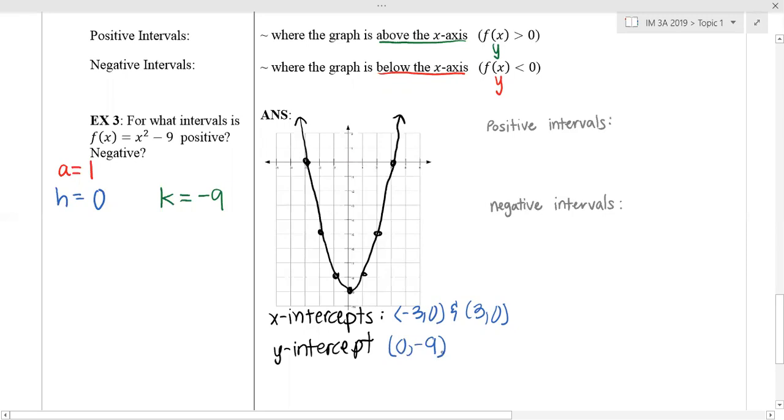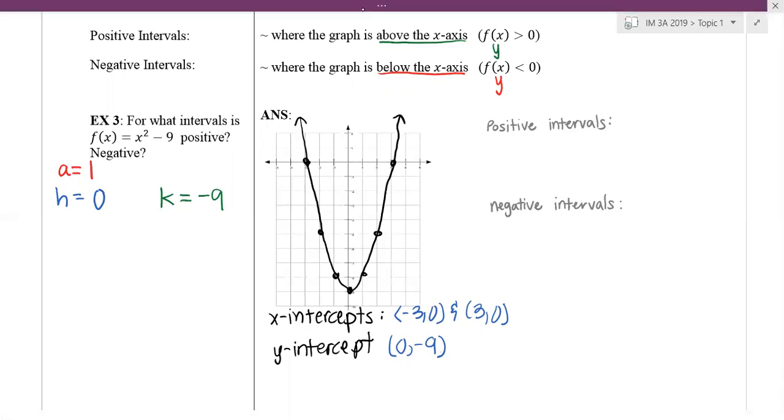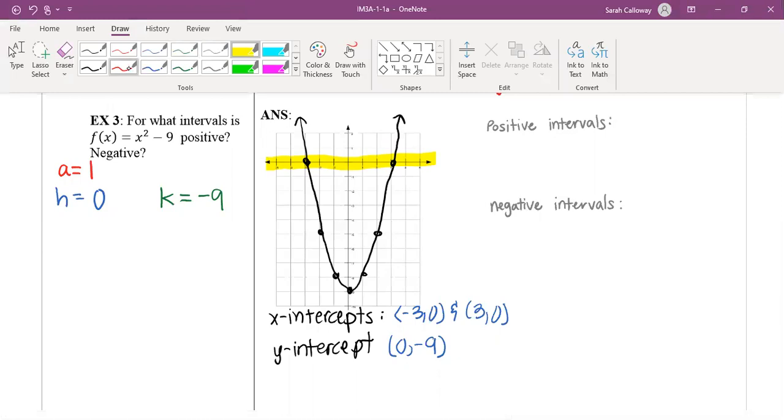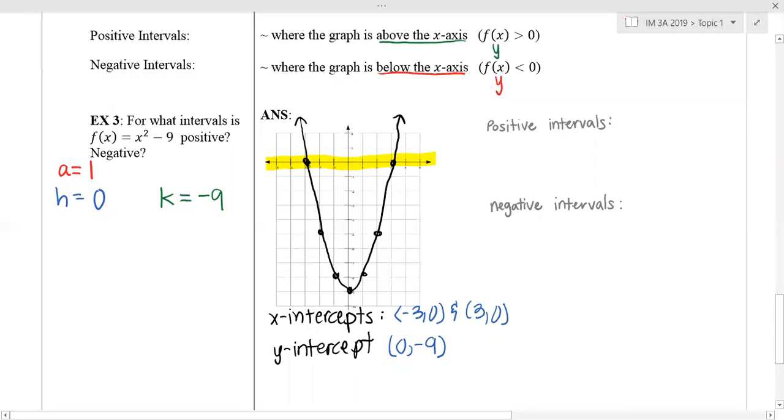So we'll notice that those x-intercepts will come into play when we're talking about our positive and negative intervals, because we're relating it to our x-axis. So if we look at our graph on our x-axis at our x-intercepts, notice that the section that is below our x-axis is this portion of our graph. So those all have negative y values.